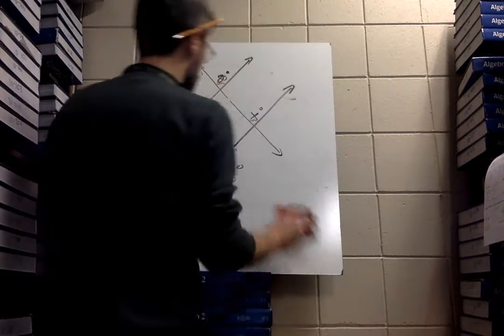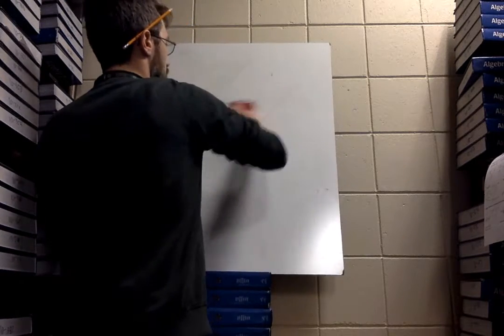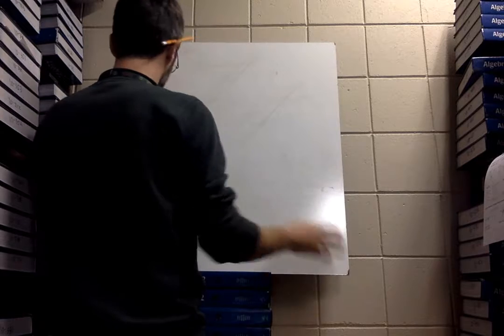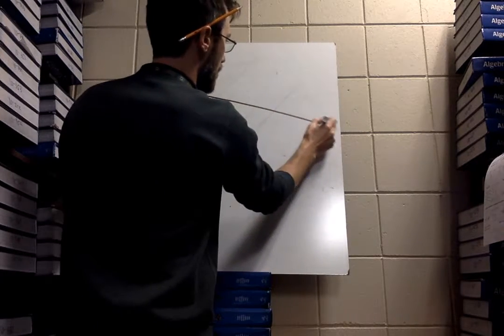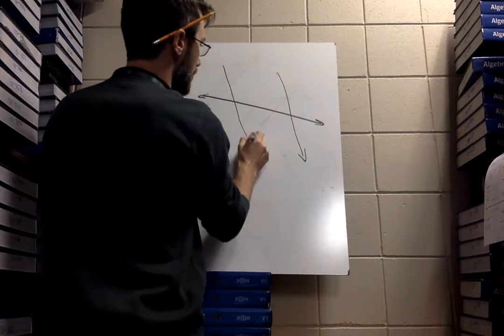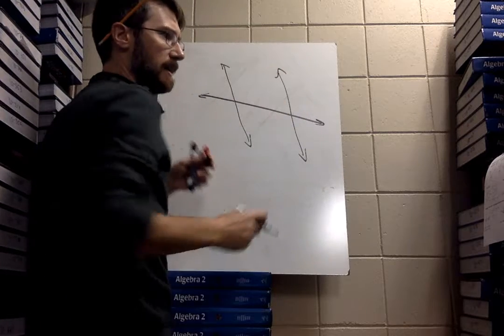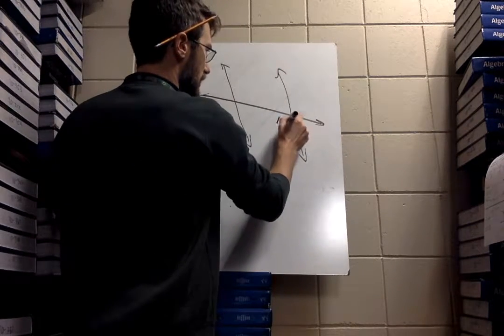And now the next one is pretty similar. Our transversal comes across like that, and then our parallel lines cut across like this. And I think it's the measure of QRS, and it says that this is 118 degrees.